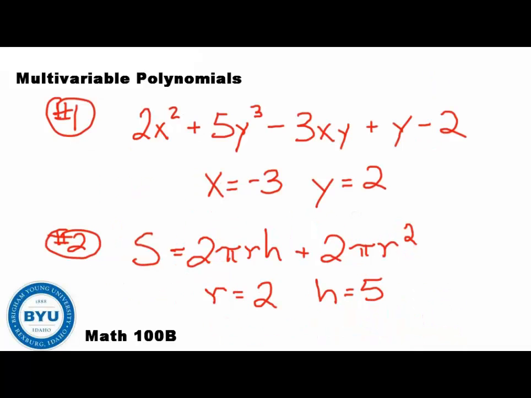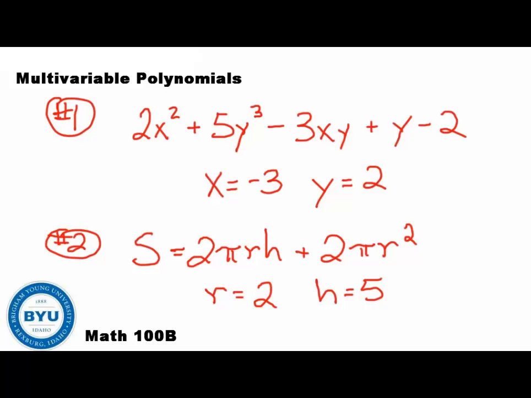Okay, so here are 2 problems for you. The first is a multivariable polynomial question where x is going to equal -3 and y is going to equal 2. And on number 2, I've gone ahead and given you the surface area equation. Surface area equals 2 pi times the radius times the height plus 2 pi times the radius squared.